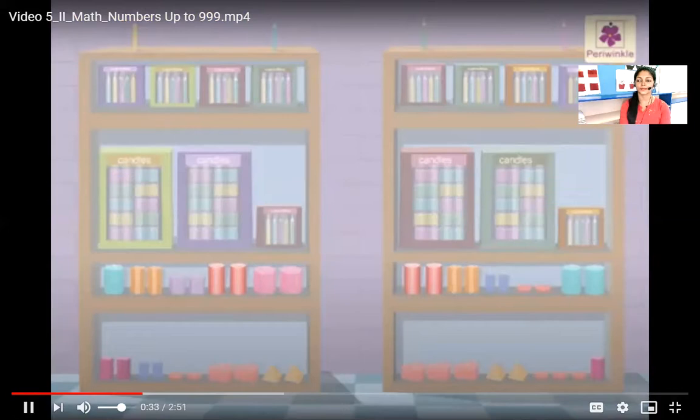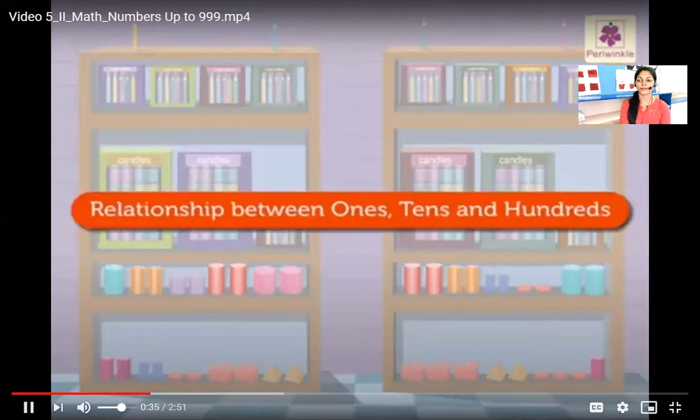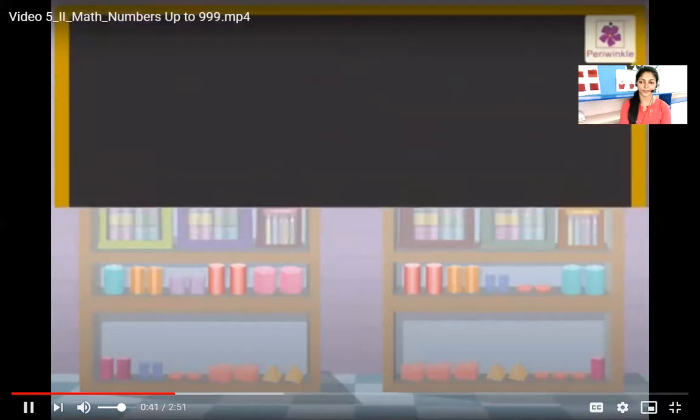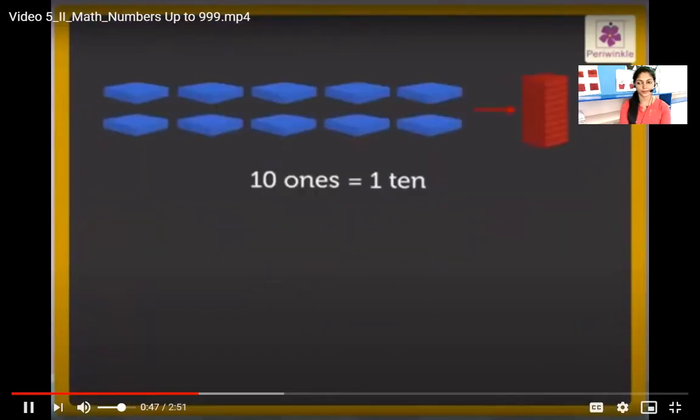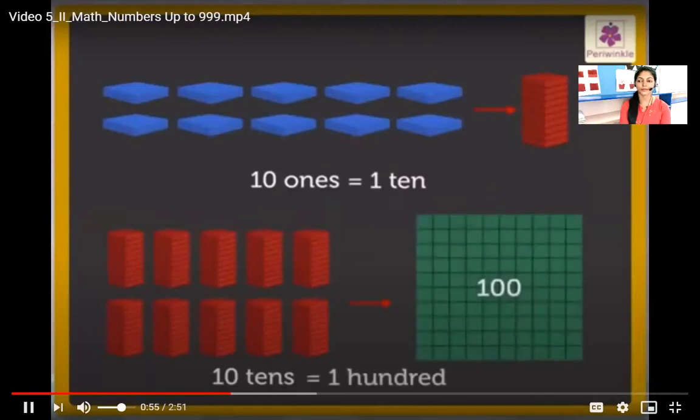First, let us revise the relationship between ones, tens and hundreds. We know that 10 ones make 1 ten. And when we group 10 tens together, we get 100.